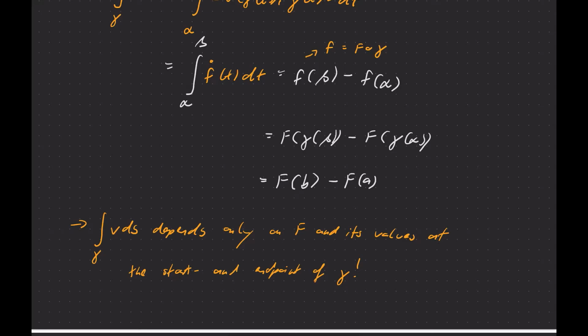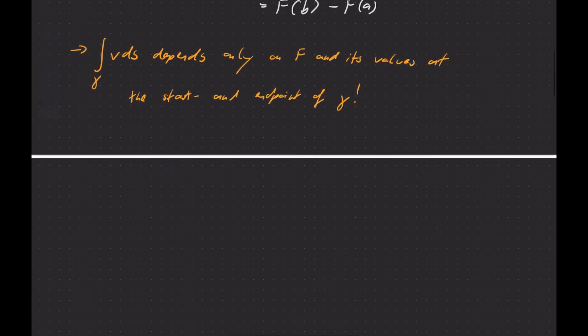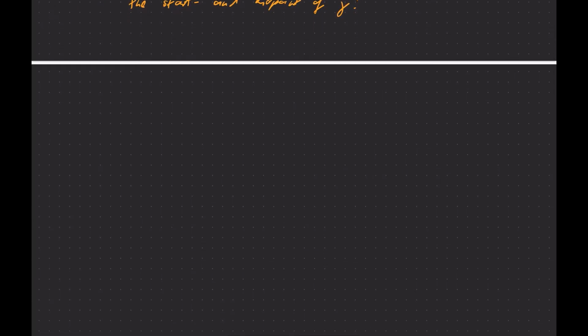And that, of course, is something that is highly usable because it makes integration a whole lot easier. So integrating over a gradient field becomes a whole lot easier than integrating over general vector fields if you actually have a potential. Yeah, okay, so you need to spend some time to compute that potential possibly, but that's it.